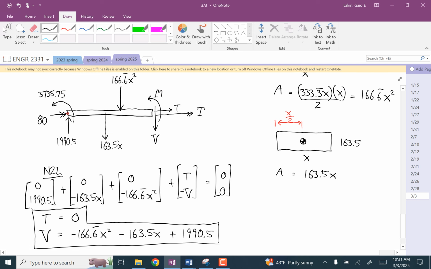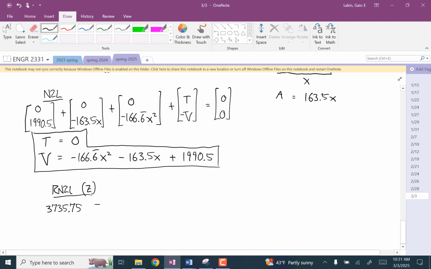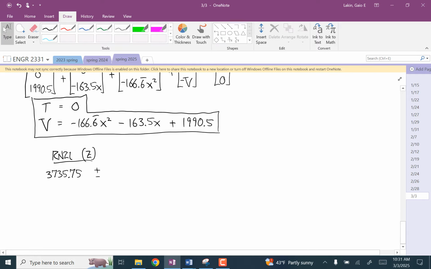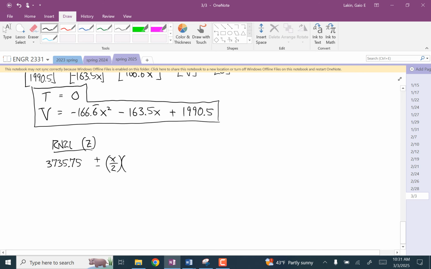The 1990 doesn't produce a moment. We have a clockwise moment with a moment arm of x over 2 and a force of 163.5x.